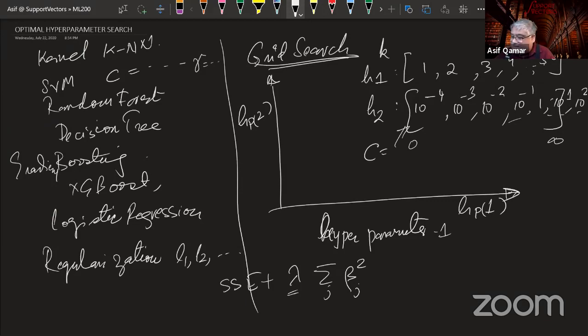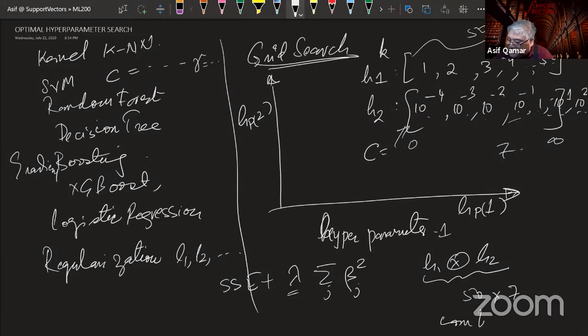Now you realize that if you do H1 Cartesian product H2, how many possible combinations are there? Let's say that these are 50 and these are 7, so you're looking at effectively 50 cross 7 combinations.